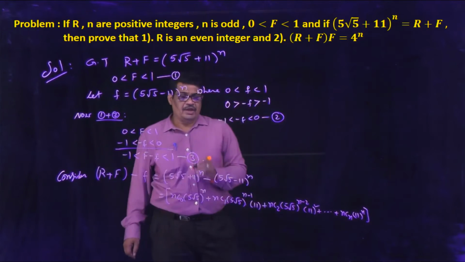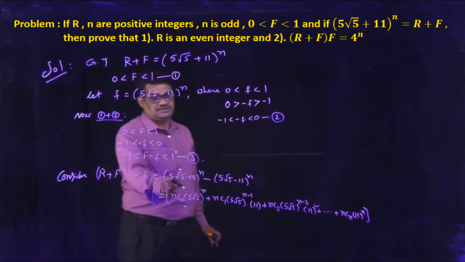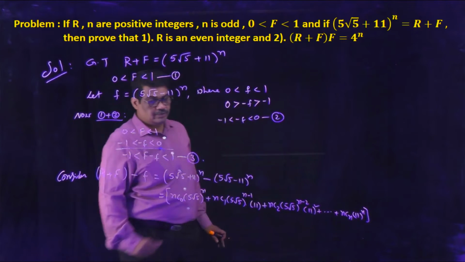This is the expansion of the expression 5 root 5 plus 11 whole power n.